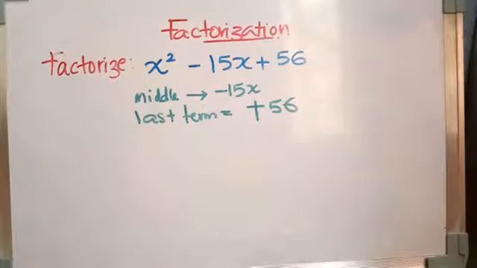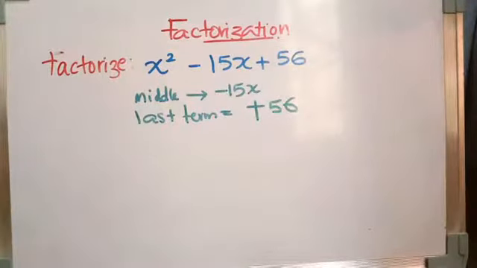As it is a basic factorization class, let's avoid all those things, and when we go on with more classes about factorization, there we introduce all those things. Now we'll just think about the last term and the middle term.